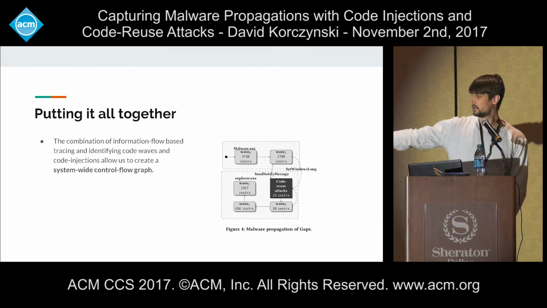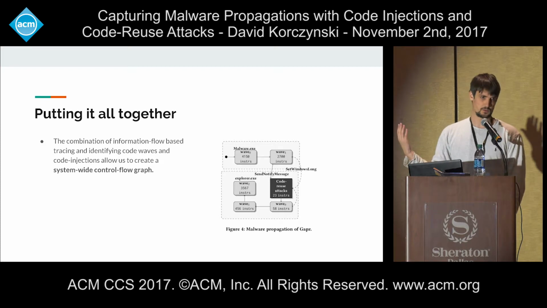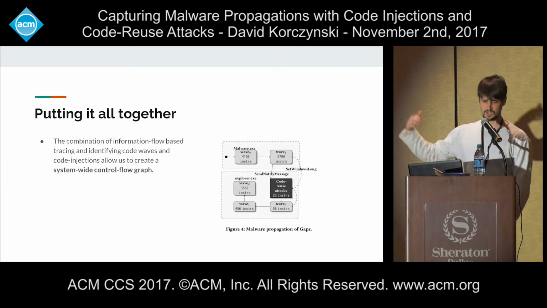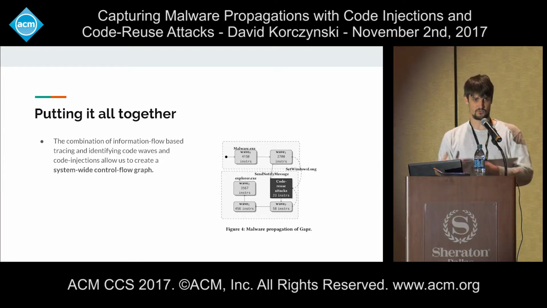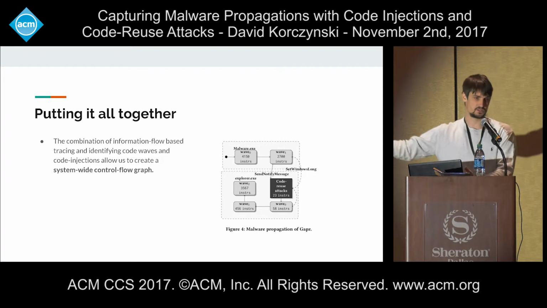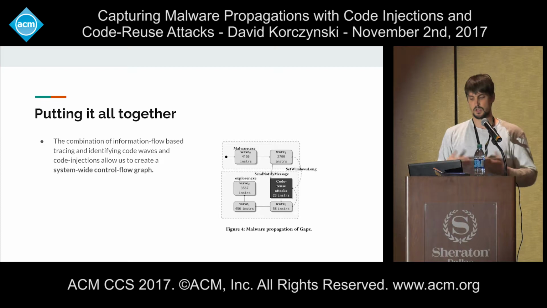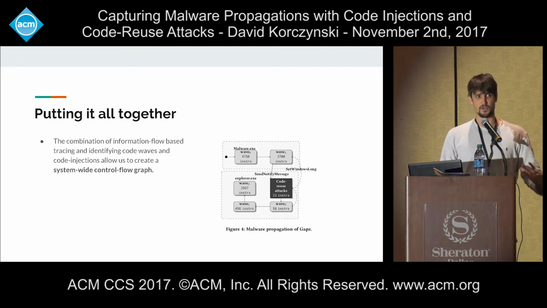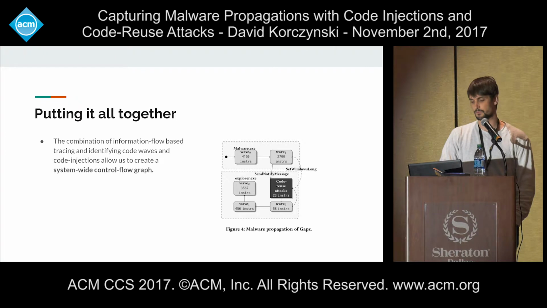It then performs a code injection into explorer.exe using some system calls and API calls we had no hooking on or anything like that. We see that there are code reuse attacks. These code reuse attacks perform this writing of the shellcode, which is wave 0 in the explorer.exe process. It only has 58 instructions and then transfers execution to a new wave. So it gives you a very precise and refined view of the malware execution inside your system.